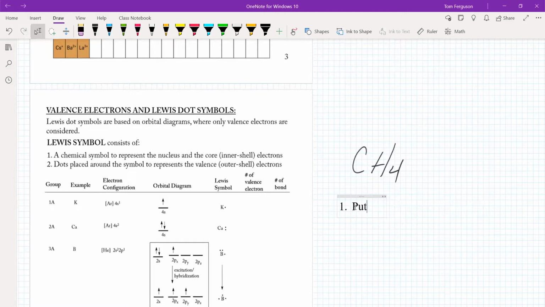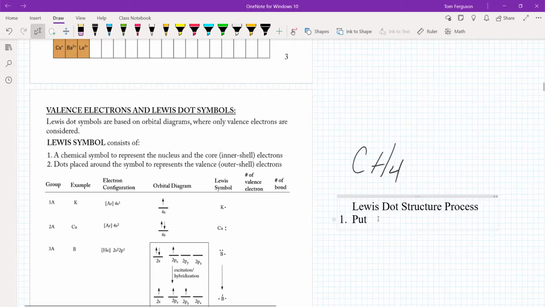We're going to use the Lewis dot structure process.